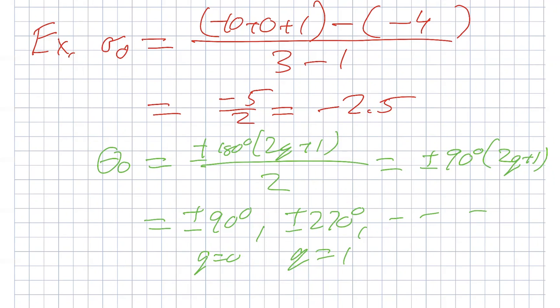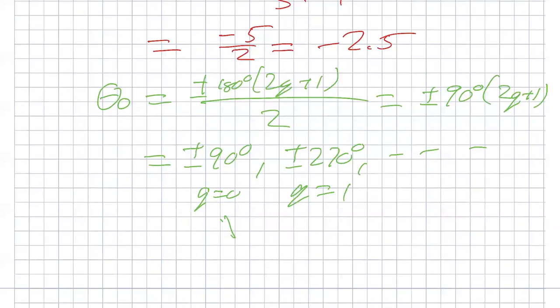So for this example, the number of infinite zeros is 2. So we can ignore everything that comes over here.